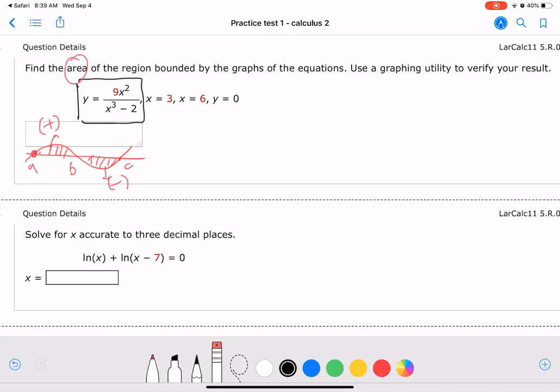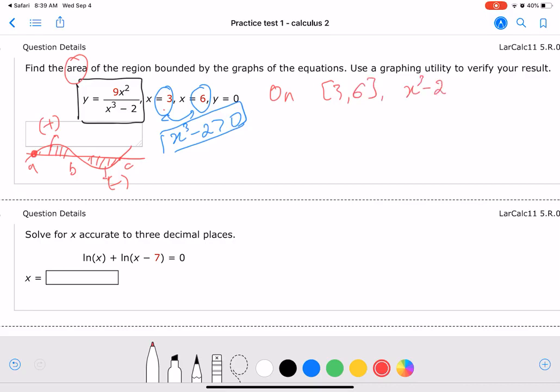You see, here we have x from 3 to 6, right? That means for x from 3 to 6, x cubed minus 2 is always greater than 0. You see that? So we write here, on the interval 3 to 6, x cubed minus 2 is always greater than 0.